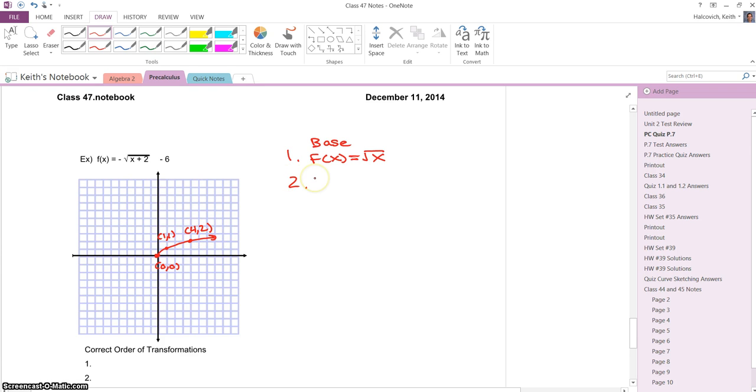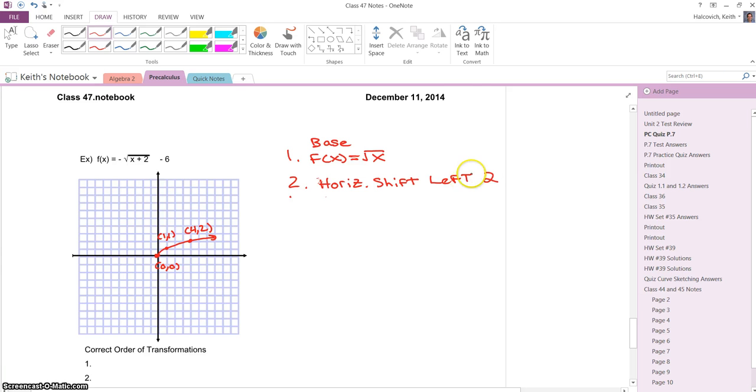Number 2, the transformations. Now, the transformations are going to go in this order. We're always going to do a horizontal shift first. So we're going to do the horizontal shift, and in this case, we're going to go to the left 2, because it's +2 in the parentheses.